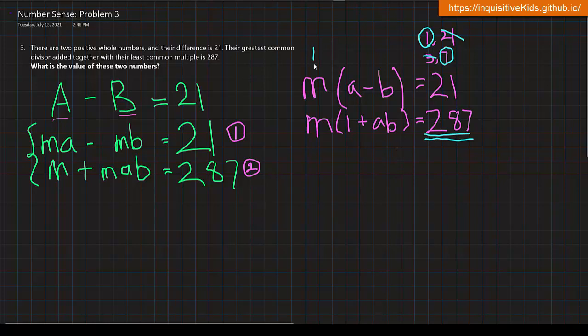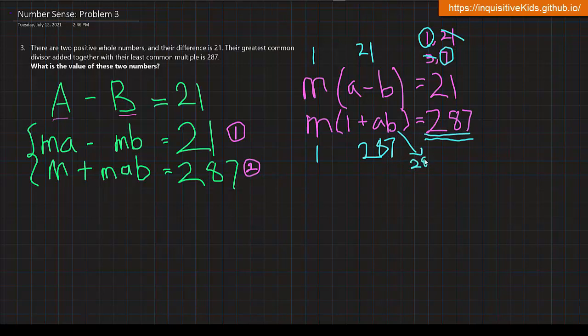If M equals 1, then a minus b has to be 21. And 1 plus ab has to be 287. And so ab themselves, without the plus 1, would be 286.